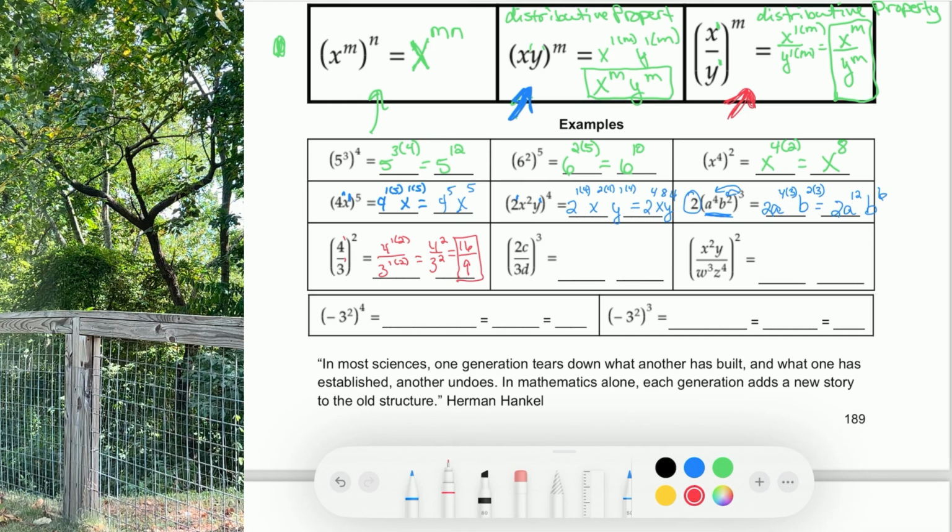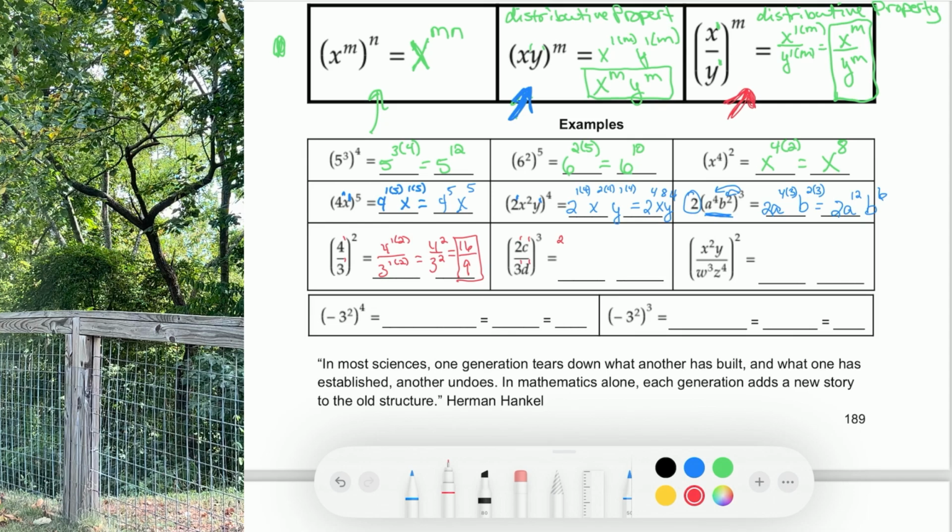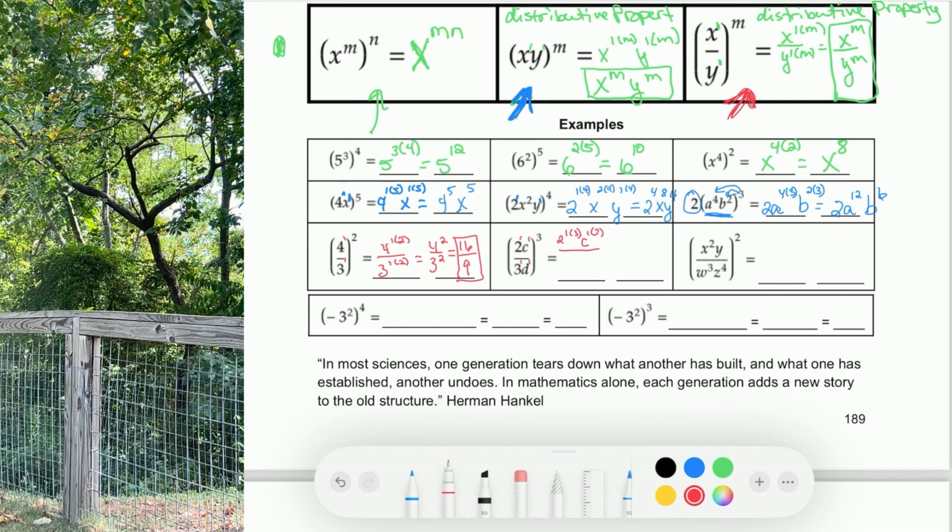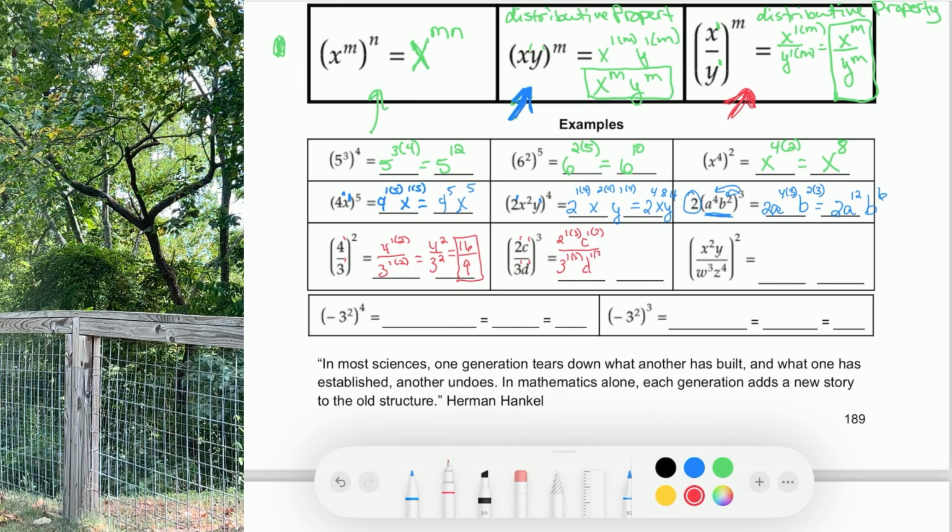The next one has 2c over 3d to the power of 3. So I'm going to distribute that 3 to everything that's in here. And they all have a power of 1. So that's 2 to the power of 1 times 3. C to the power of 1 times 3. Over 3 to the power of 1 times 3. And then d to the power of 1 times 3.